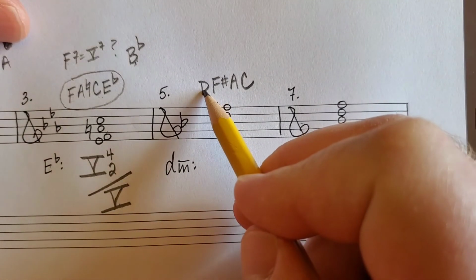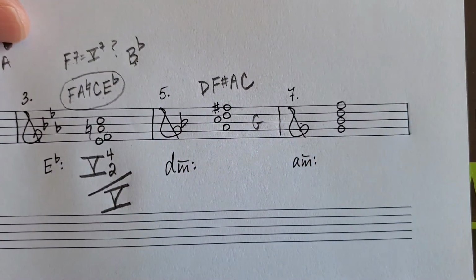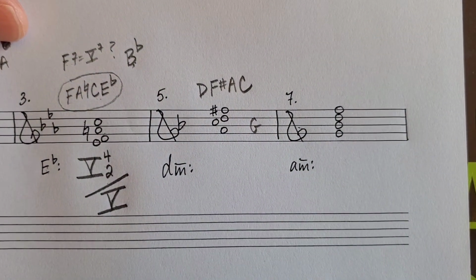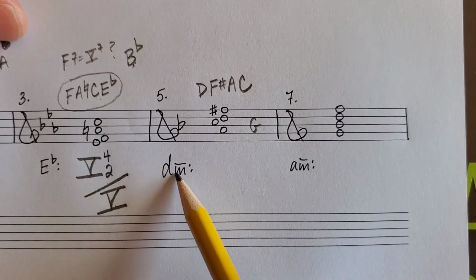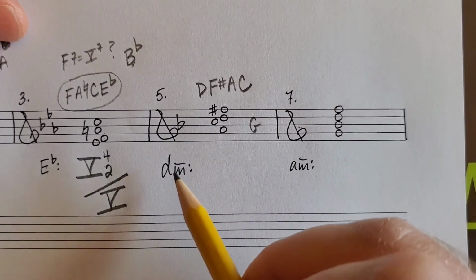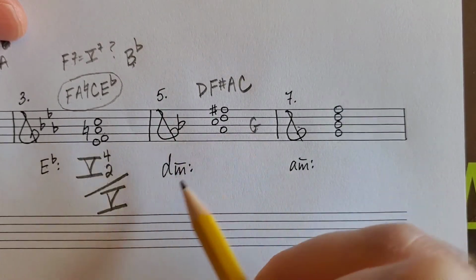Well, D is 5 in the key of G, right? Now, it could be G major, G minor. Again, we don't know until we put it back into the context of the home key, the tonic key. But in the key of D, how does G function? Well, G is number 4.